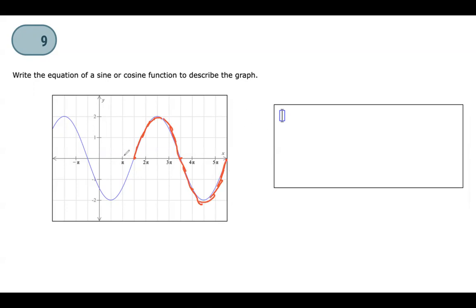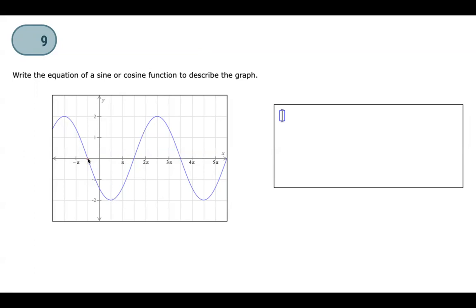So it's shifted 3 pi over 2. So it's shifted from here all the way there. Then we can also come up with a negative sign if you like that option.